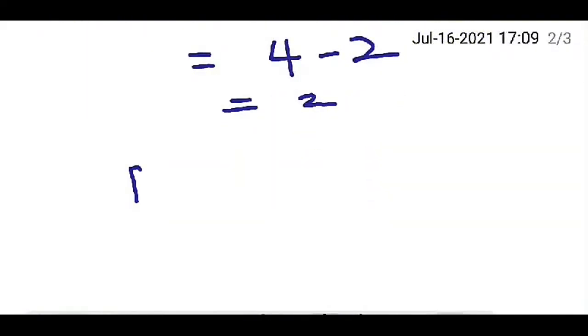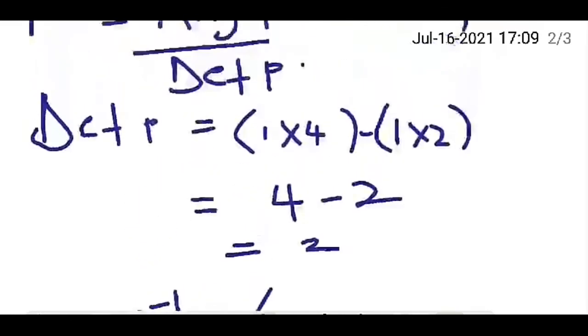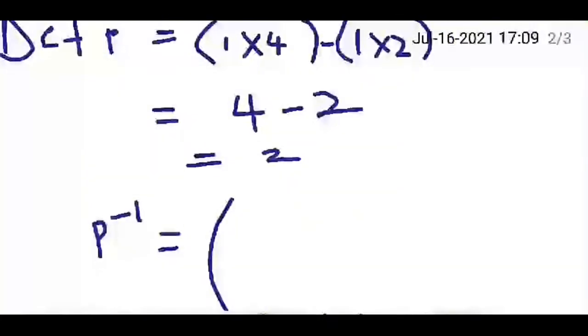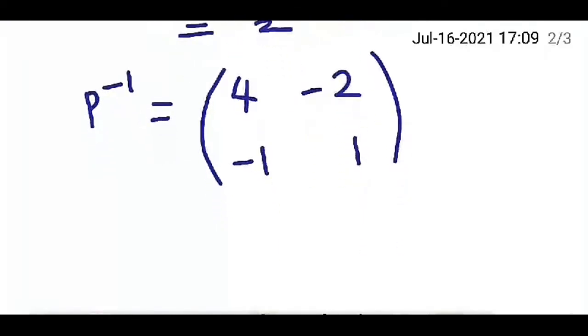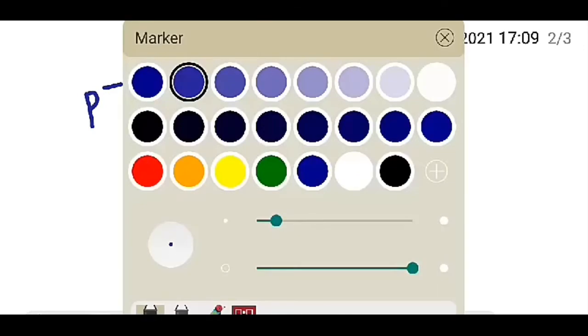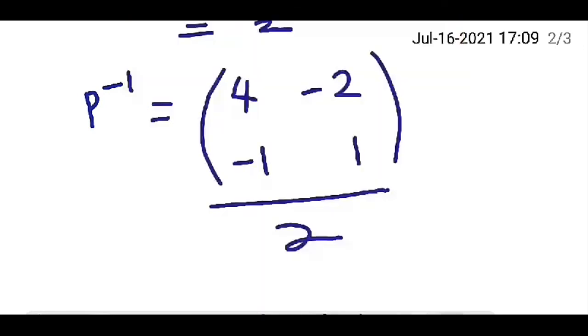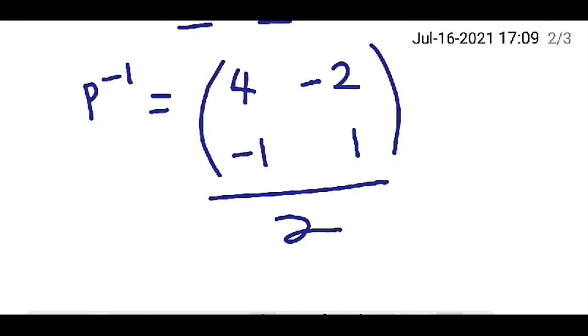So you write your P inverse as 4, negative 2, negative 1, 1. Then you divide it by the determinant, 2. So you divide each element by 2.